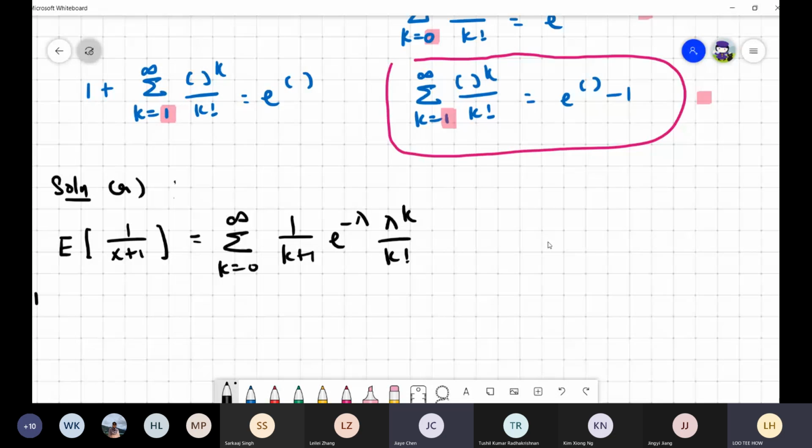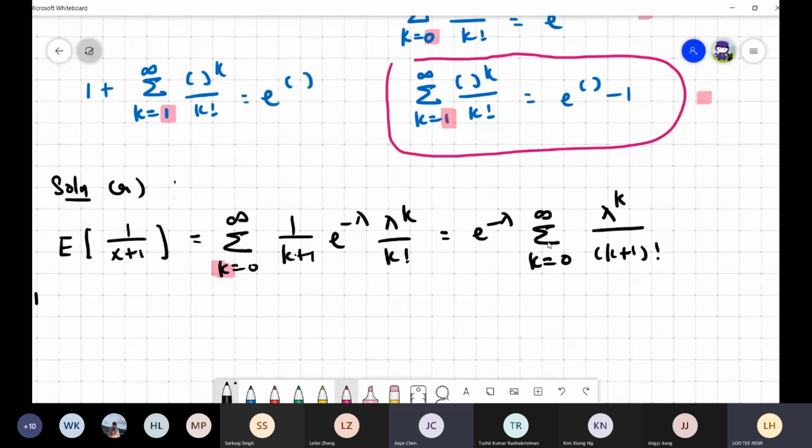Next, this is index k, right? So you just take away anything without k, so e to the minus lambda can be taken out. Then we have the sum from k equals 0 of lambda to the k over k plus 1 factorial. These two are not the same. To make it consistent, we change k to k plus 1.